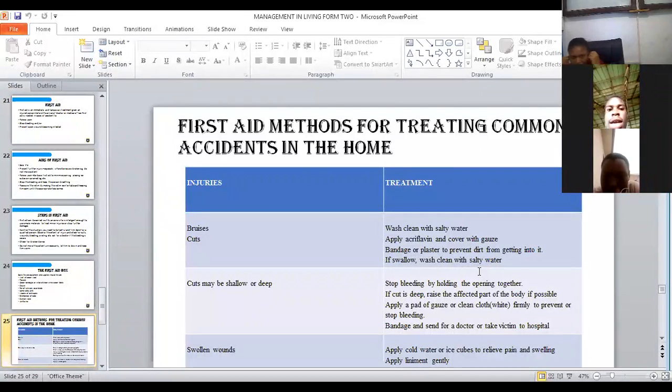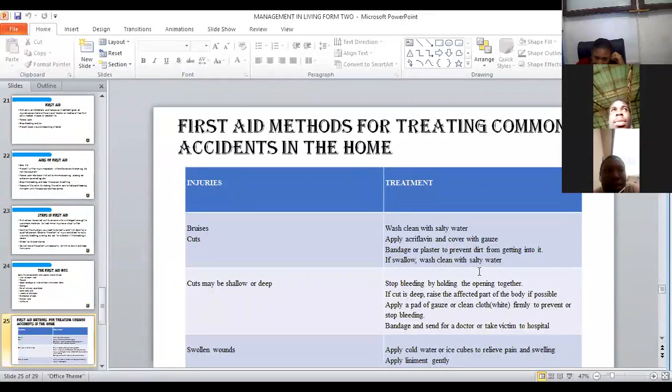Okay. I'm asking, can you give some few ways we can give first aid when somebody is having a cut or a bruise? First, you have to wash your hands.